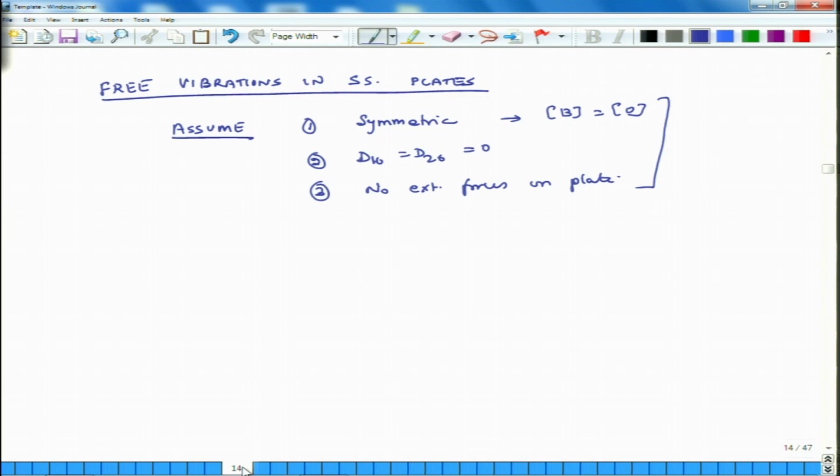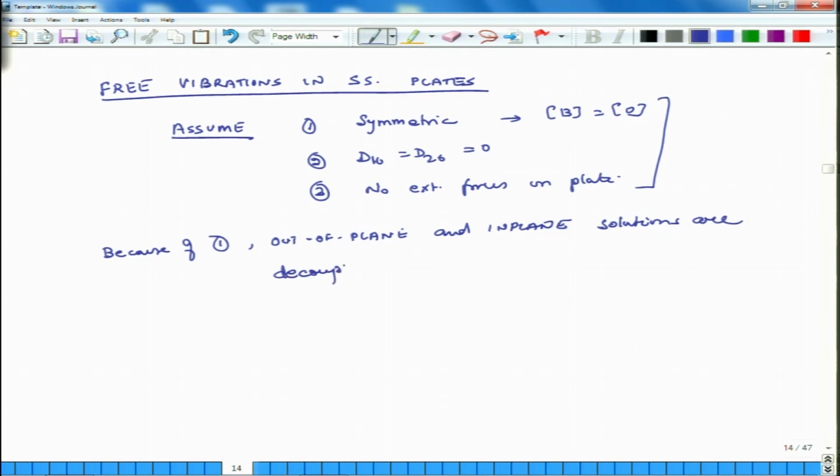And because of condition 1, the out of plane and in plane solutions are decoupled.